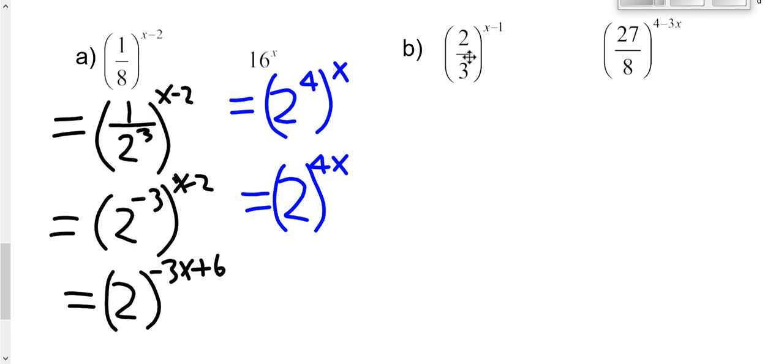Can I somehow use this as a base to write this 27 over 8? I'll give you a few seconds. Okay, so there are not too many choices here. You can either write this 27 over 8 with a base of 2/3 or with a base of 3/2. So either one way or the other. So a few more seconds. Hopefully you can see it this time.